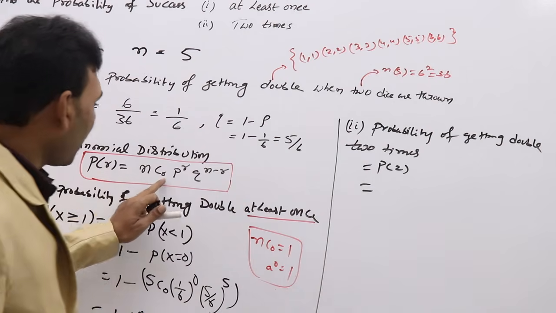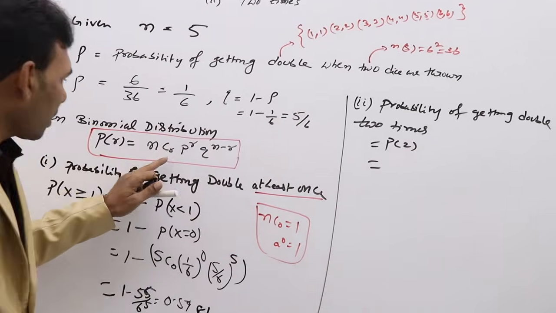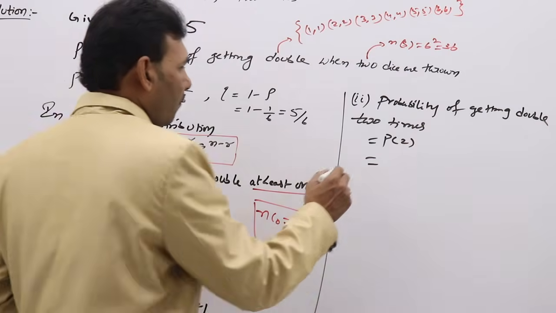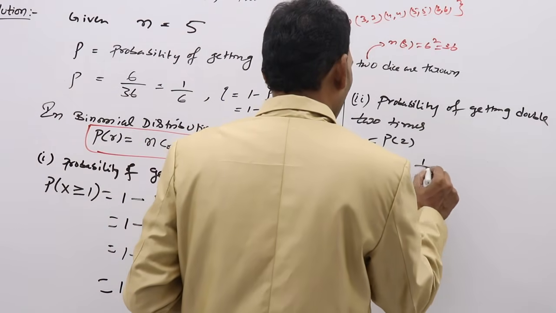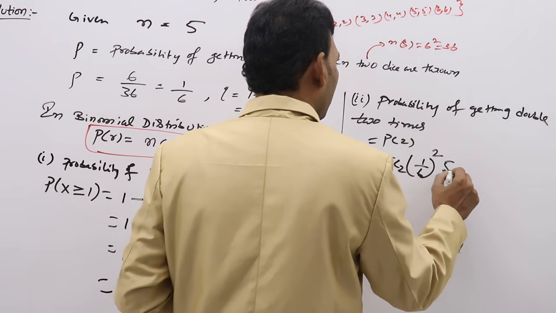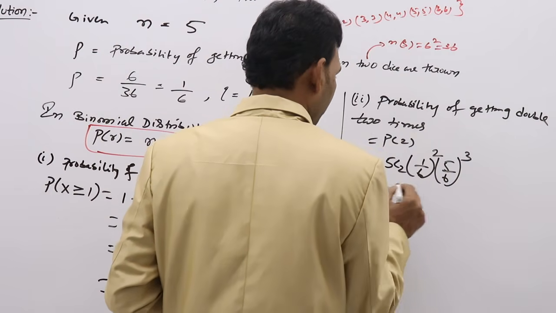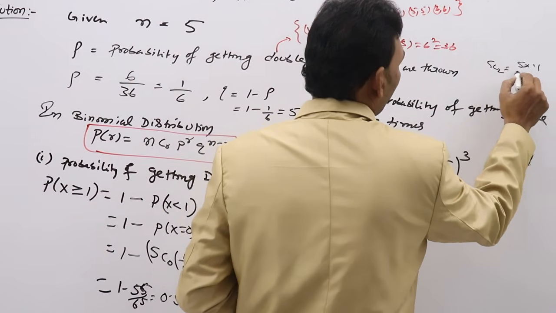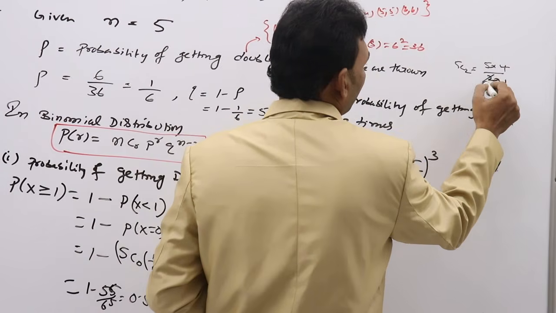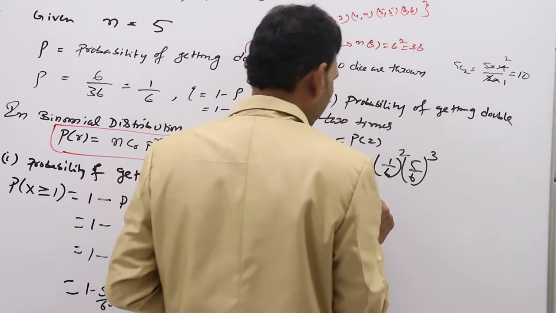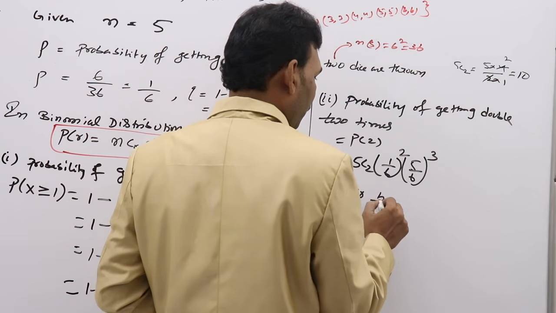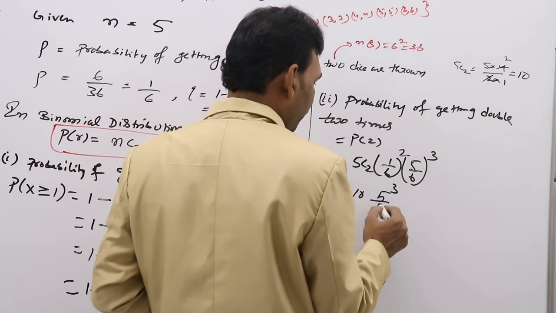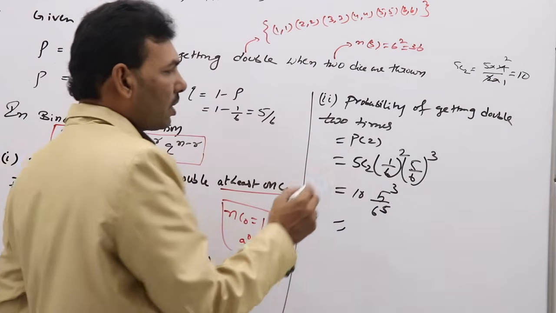That means in this formula, write 2 in the place of r. nCr p^r q^(n-r). Remaining values you know: 5C2, (1/6)^2, 5/6 to the power 5 minus 2. So 5C2 means, I said one small technique, 5 into 4 by 2 into 1. 2 1s are 2, 2 2s are 10, by 5 cube by 6^5. 6 square you will get 6 cube.